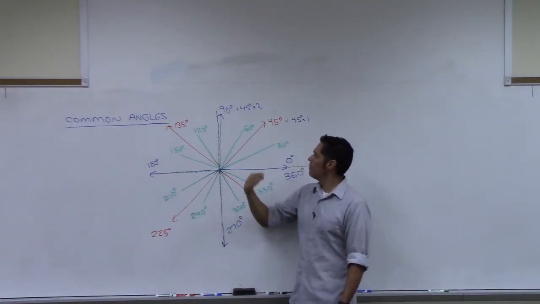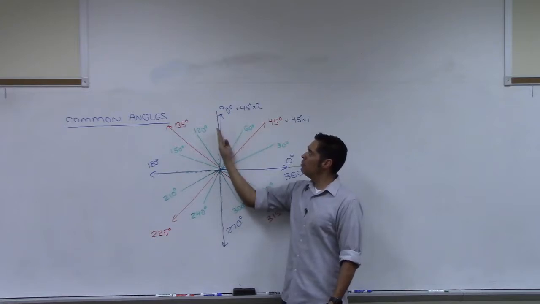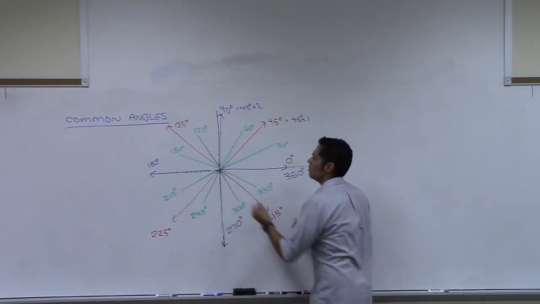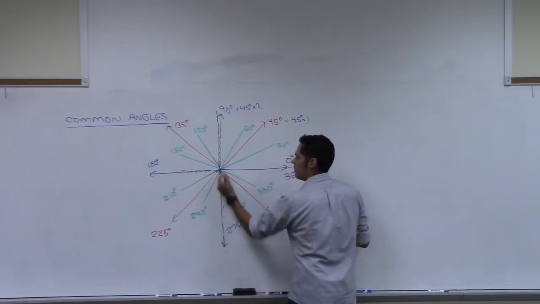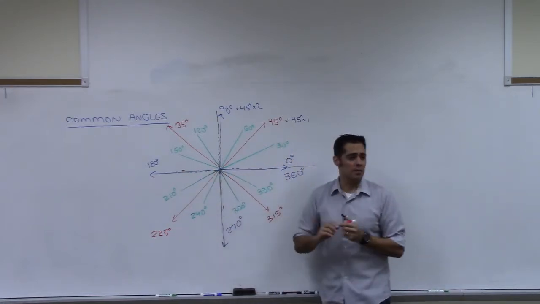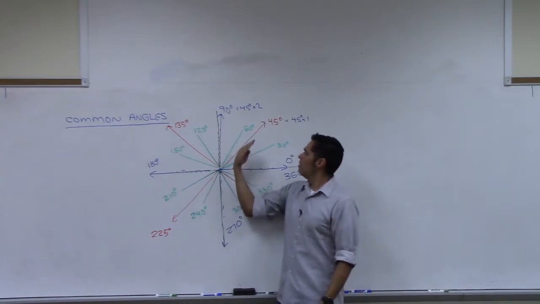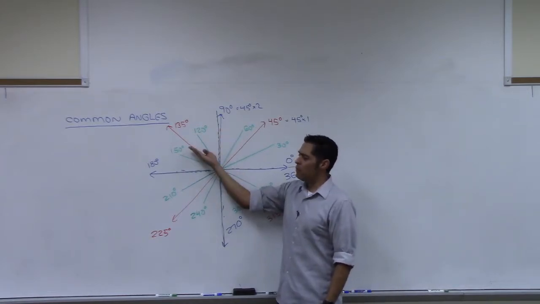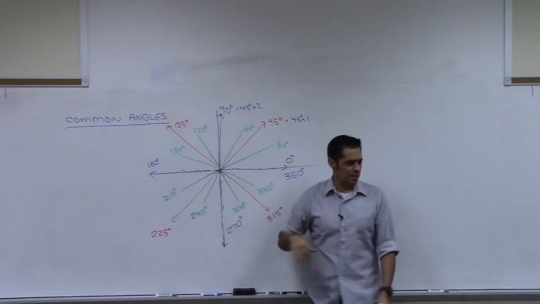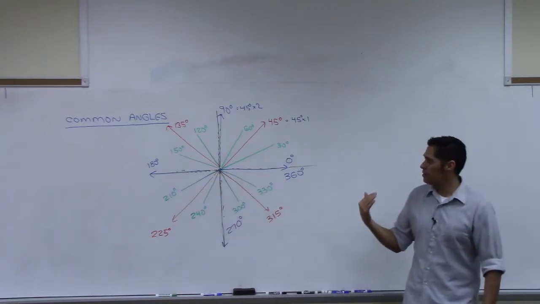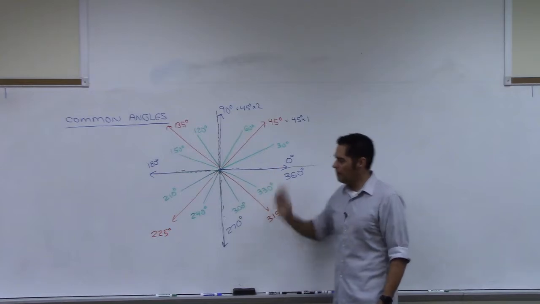Red ones, 45, 2 45s. I guess I should have put 2 45s would be straight up here. The 45s land on the blue ones, don't they? They also land there. So 45, 2 45s, 3 45s, 4 45s, 5, 6, 7, 8. Yes? And then the green ones, you're counting by 30s around.